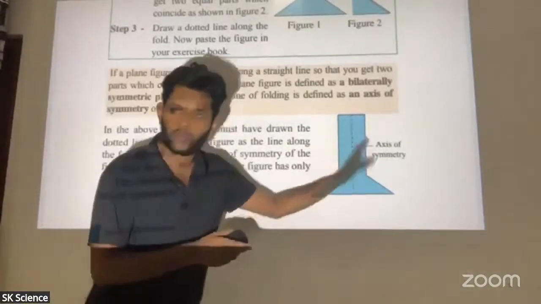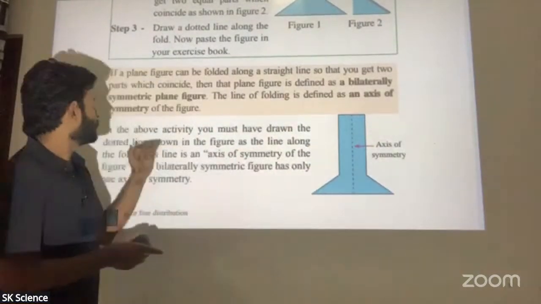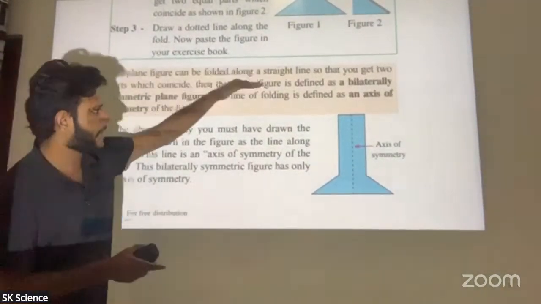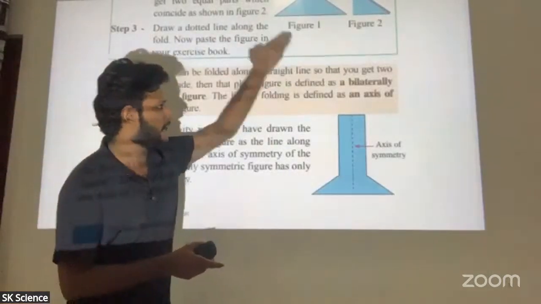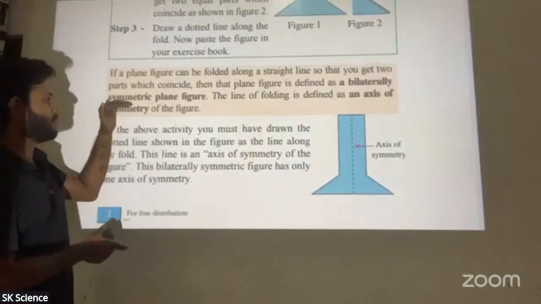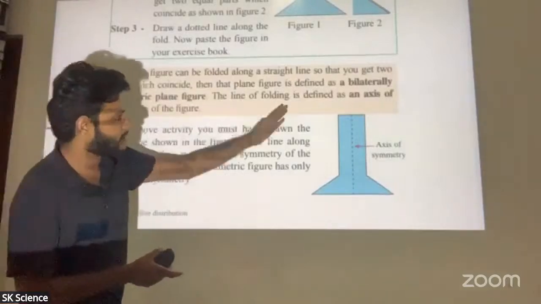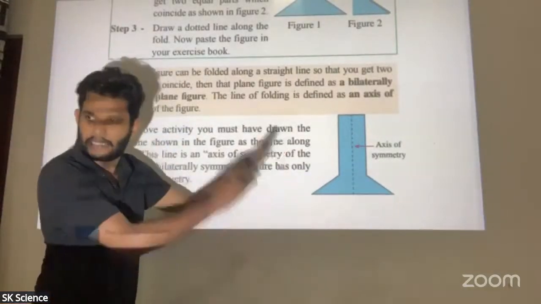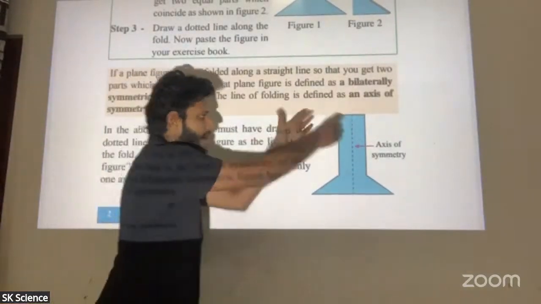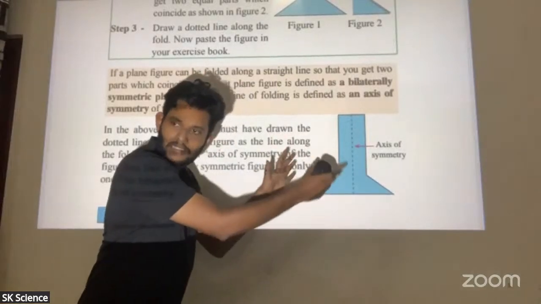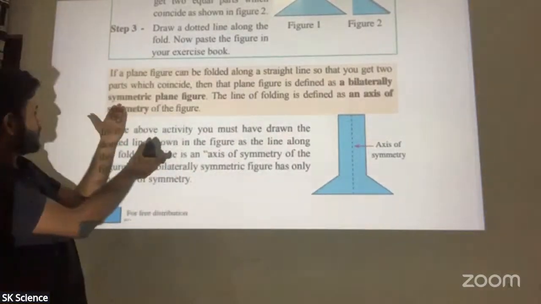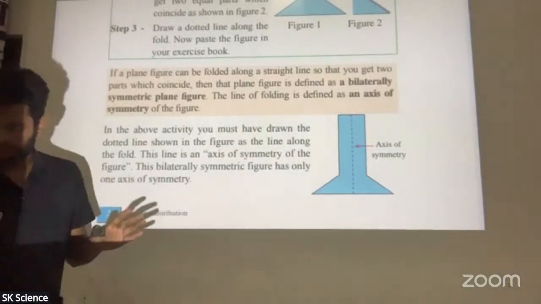These two parts coincide. Then that plane figure is defined as a bilaterally symmetric plane figure. If it coincides, we can call this a bilaterally symmetrical plane figure. Understood?